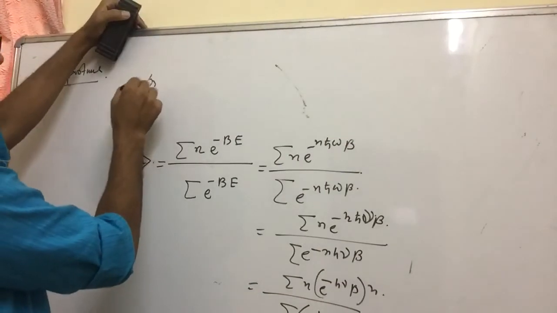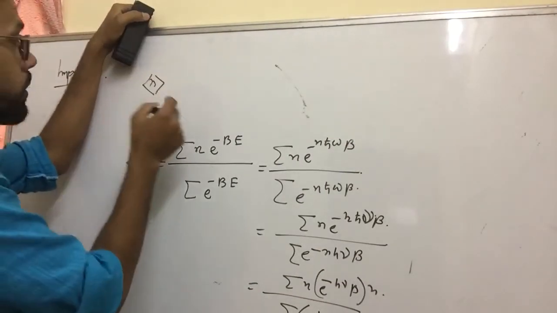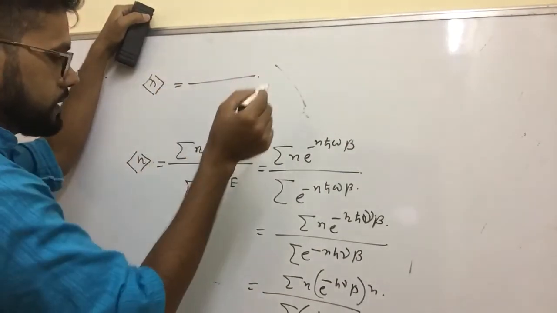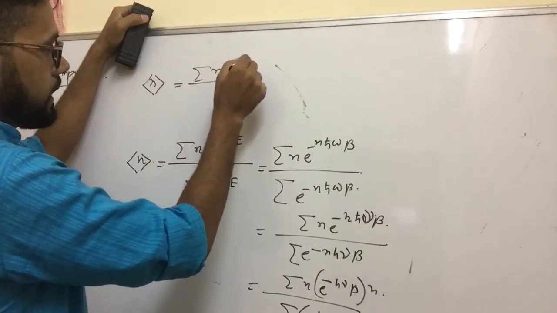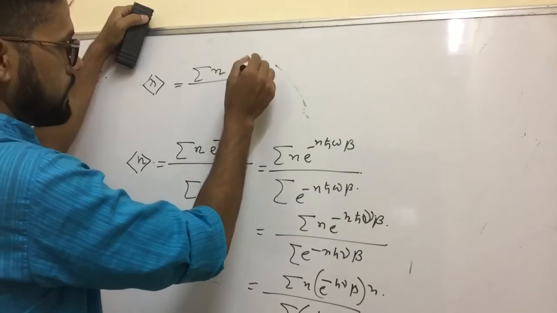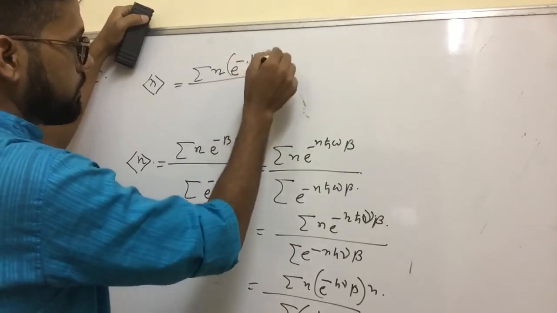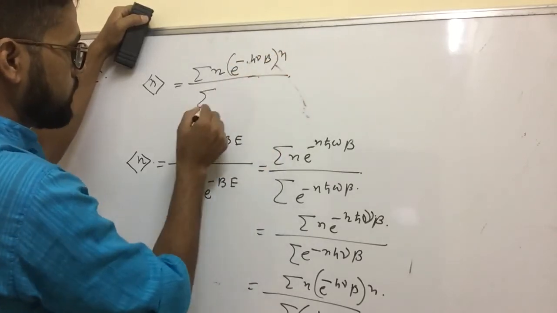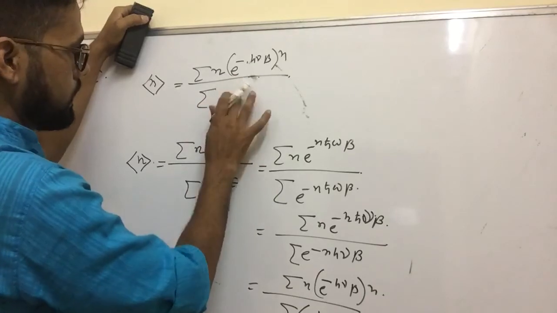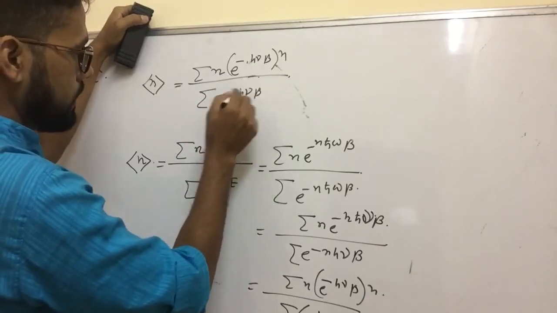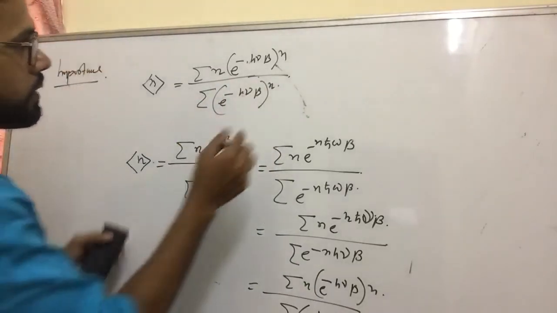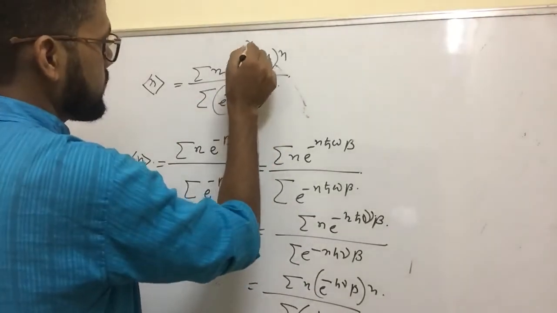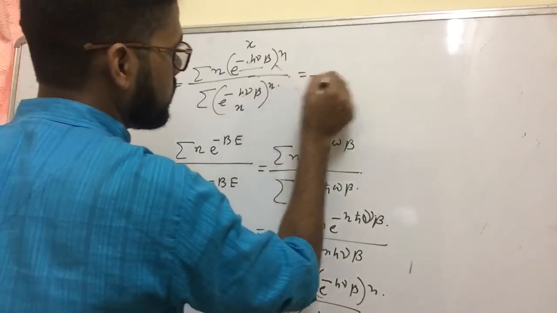So what I am getting is the average number of particles inside this box equals the sum of n e to the power minus h nu beta to the power n, divided by the sum of e to the power minus h nu beta to the power n. Here n is not there, h nu beta is constant, beta equal to 1 by kT.